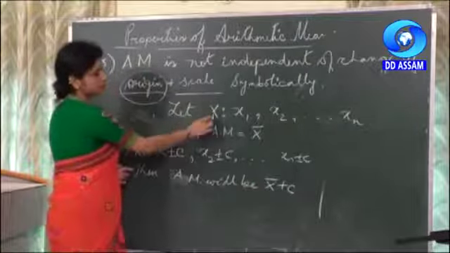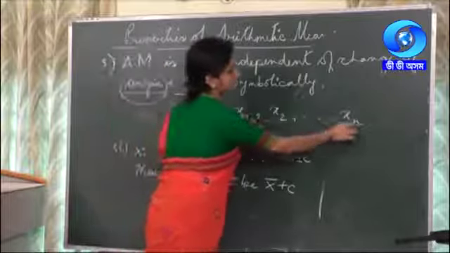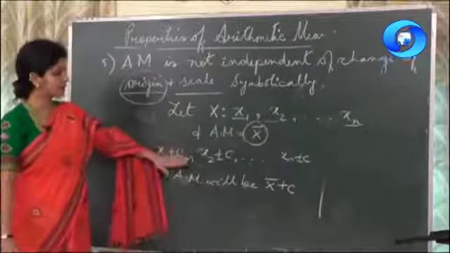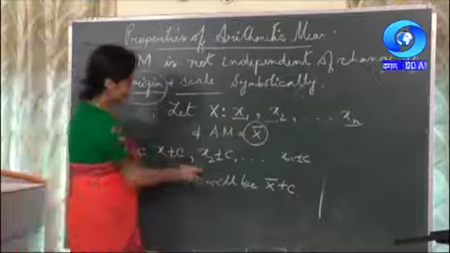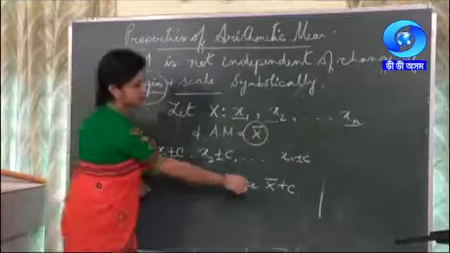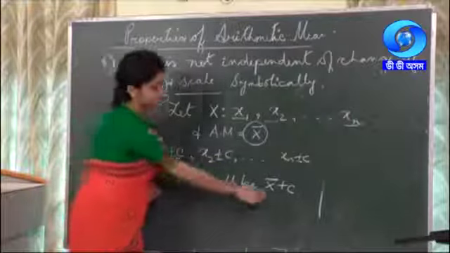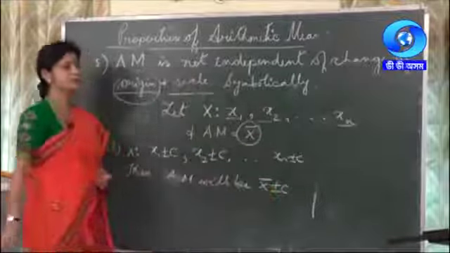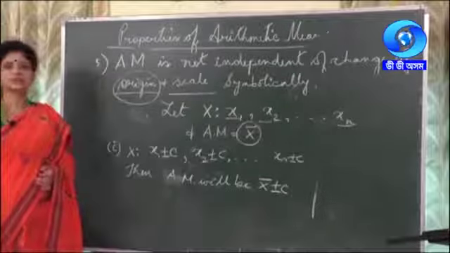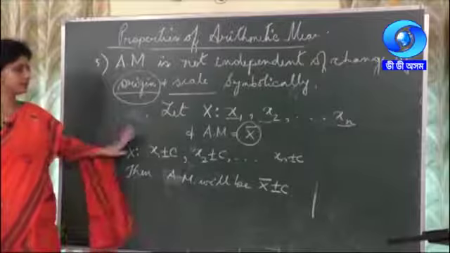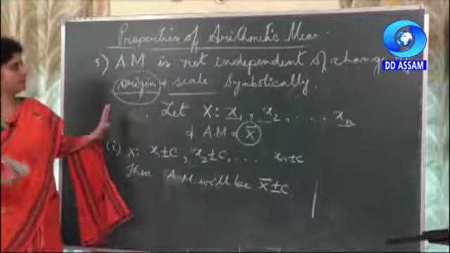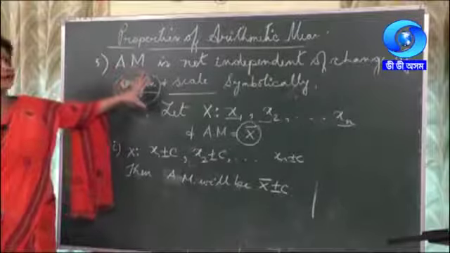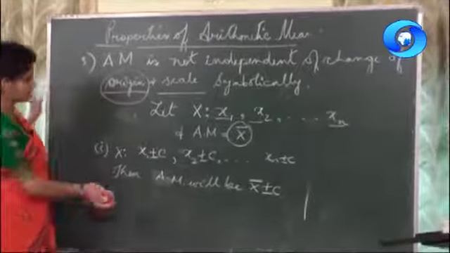That is, if the original series x1, x2, etc. up to xn has arithmetic mean x bar, then when we add or subtract c, the arithmetic mean also changes: if we add, the original mean gets c added to it, and if we subtract, the constant c is subtracted from the original x bar. This is the first part, that is, change of origin. The arithmetic mean is not independent of change of origin.